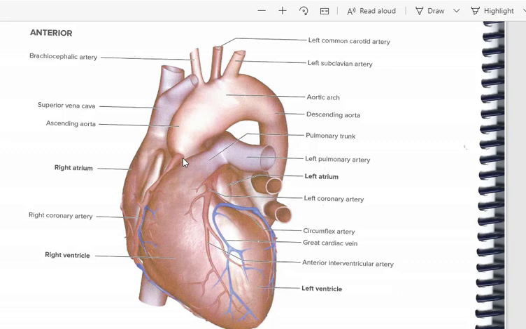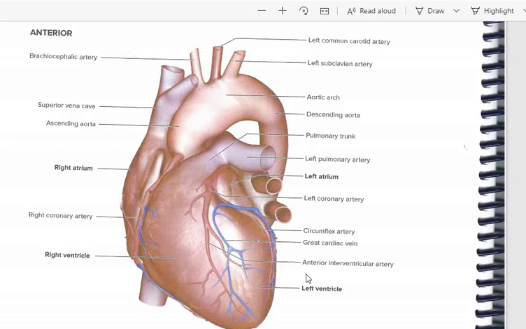So you've got some major ones that are going in the groove between the ventricles, which is the big part of the heart, and the atria, which are the smaller parts of the heart. And then you have some that run straight down, and as you see, they're branching off as you go through. And you have some on the front, and you have some on the back. So we learned, hopefully somewhere, that when you see the word anterior, it means in the front.